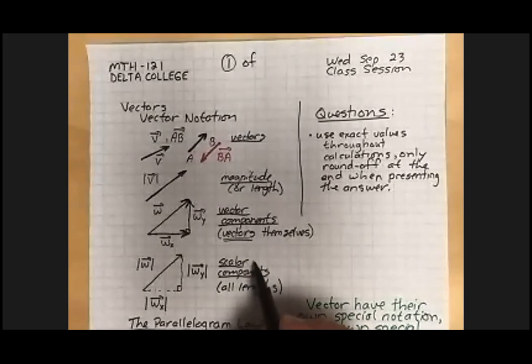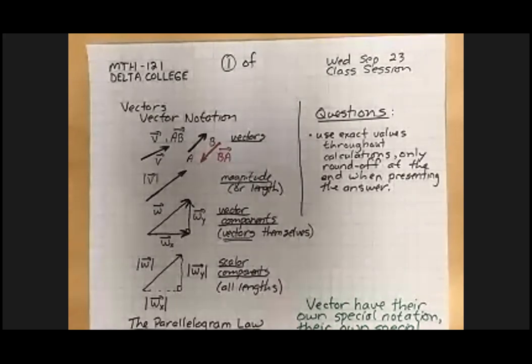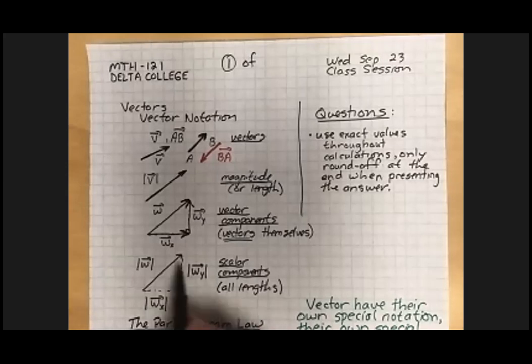Scalar is just a very old word that means scaling. 2 times 3 is 6. If you double 3, you get 6. If you scale something, like you talk about the scale on a map, 1 inch is 1,000 feet. So when you're only talking about the length, you slap length bars on all these 3, then you're talking about scalar components.